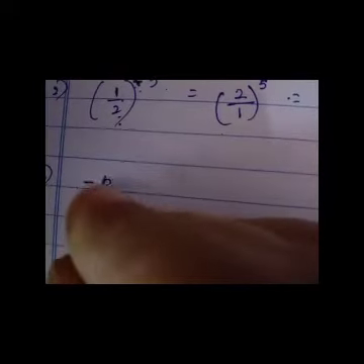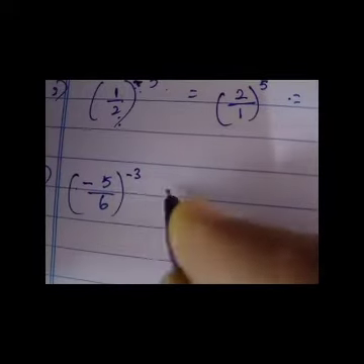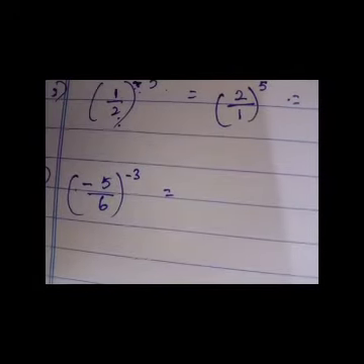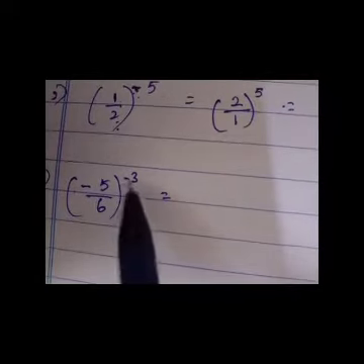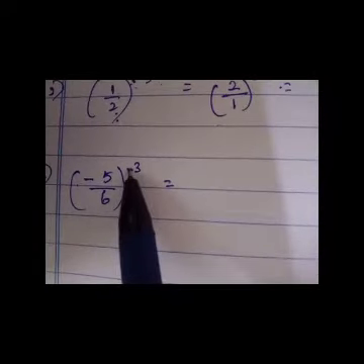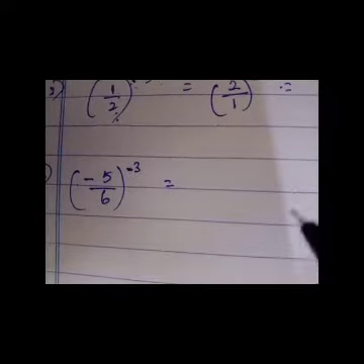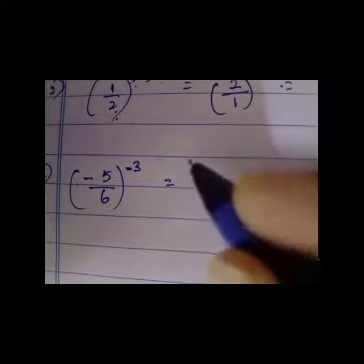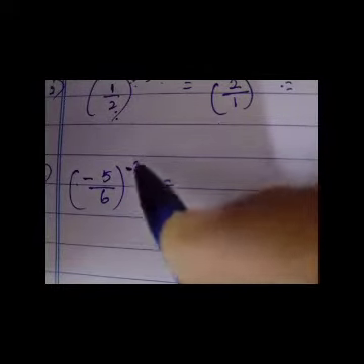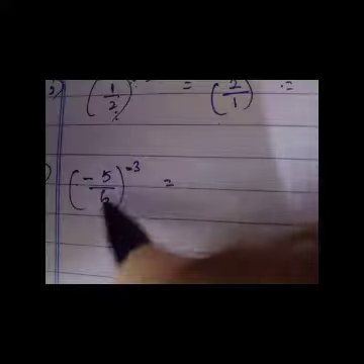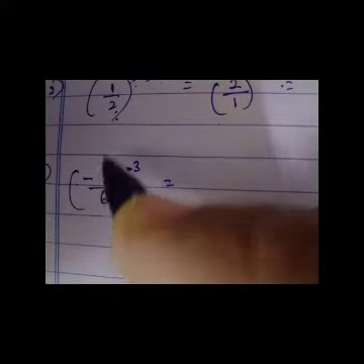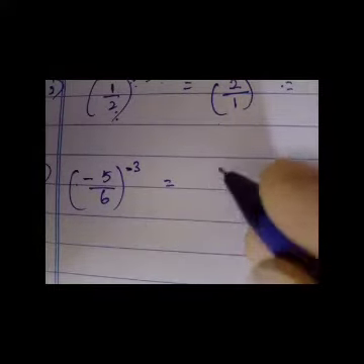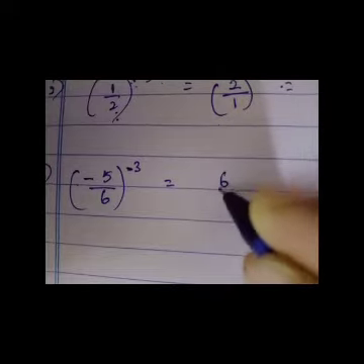Minus 5 by 6 the whole power minus 3. Now again if you see here the power is in the negative. So what you have to do? You have to take the multiplicative inverse of minus 5 by 6, which is equal to 6 by 5.